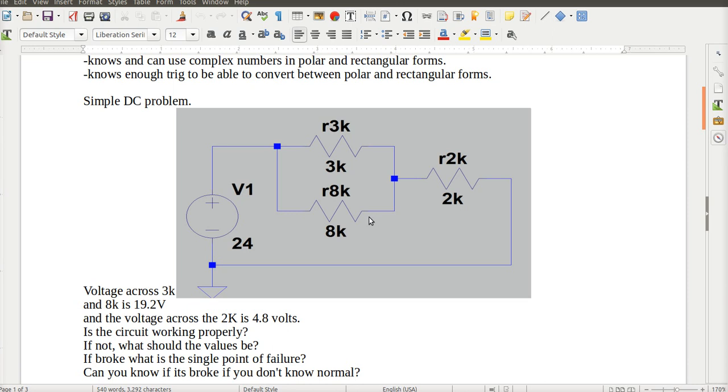But now my loop in the bottom part is going from right to left, while my current's going from left to right. Anytime the directions are backwards, it becomes negative. So my two terms in this one are 3000 I3 minus, due to the difference in directions, 8000 I8. And that is that equation.